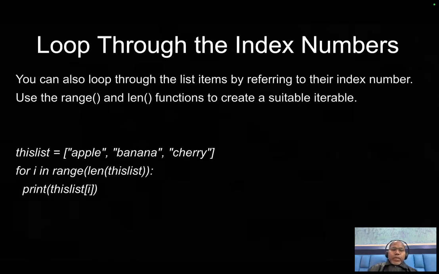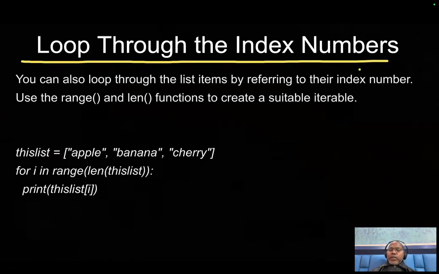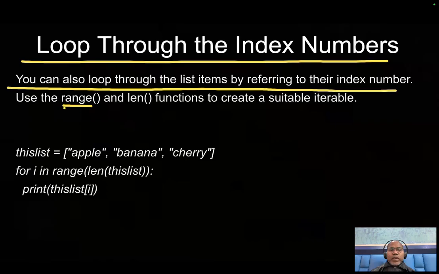Even if you want to loop through the index numbers as well, you can loop through the items by referring to the index number. You have to use the functions range and len, two functions to make the index as well.